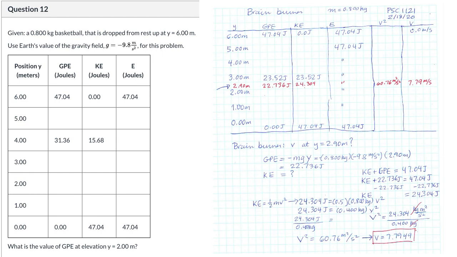Okay, and we're going to drop the basketball of mass equal to 0.800 kilograms, and we're going to go down to any elevation that we want. So let me just write this down. And then here's the floor, 0.00 meters.